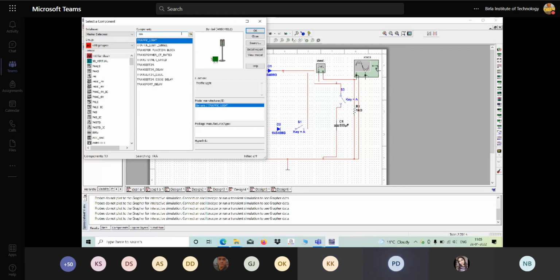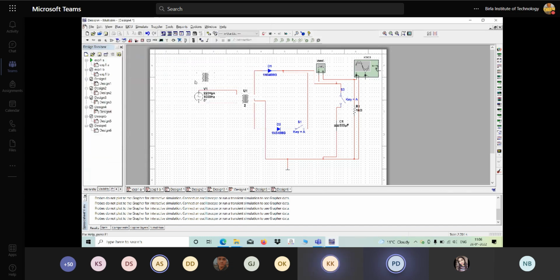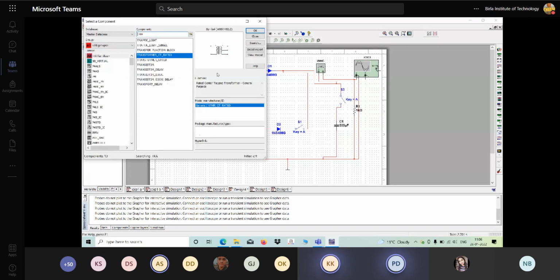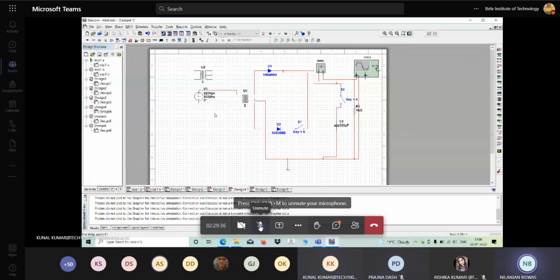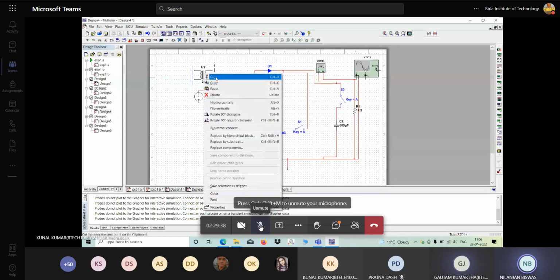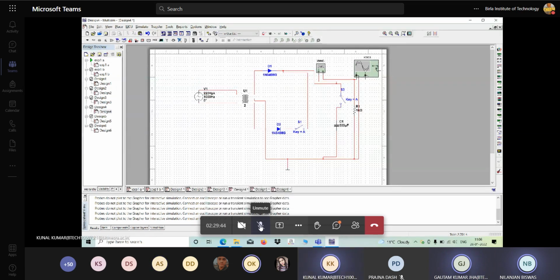You can click here and you can use it. Okay, very good. Was someone working or asking? Yes, Gautam, you are asking regarding this, right? Please run this.